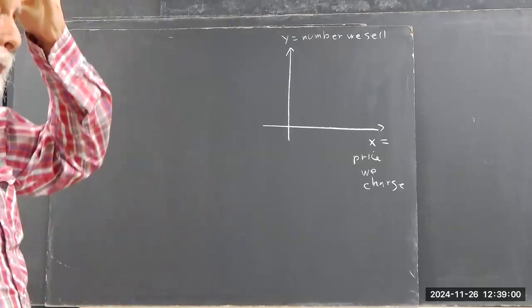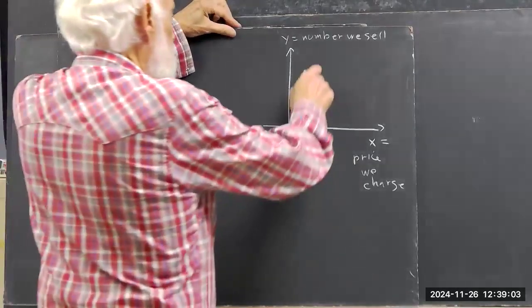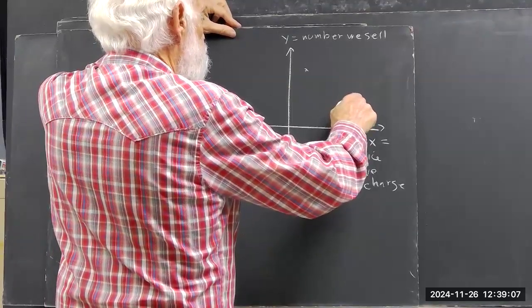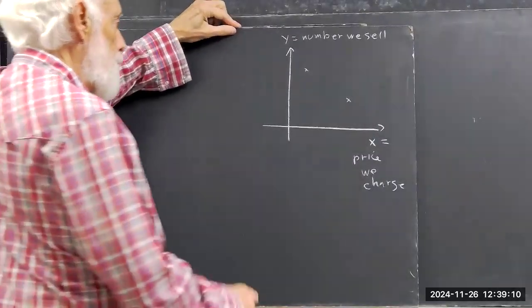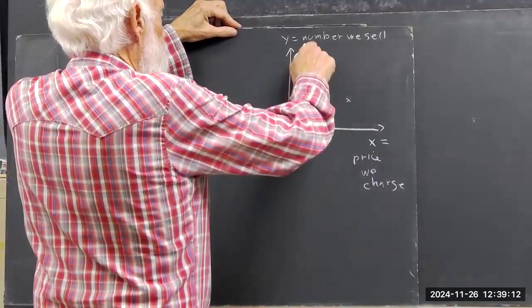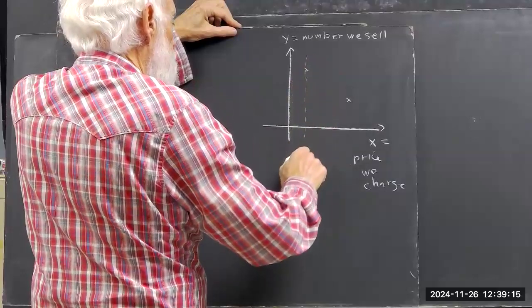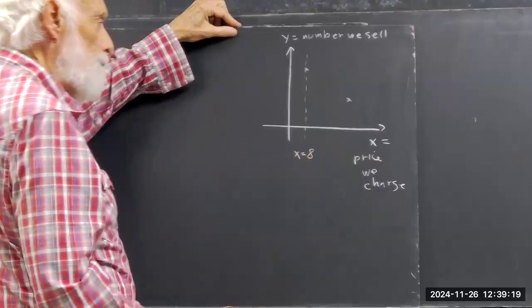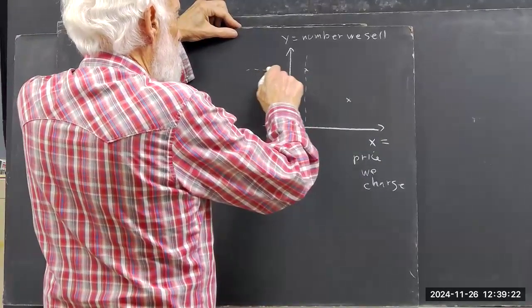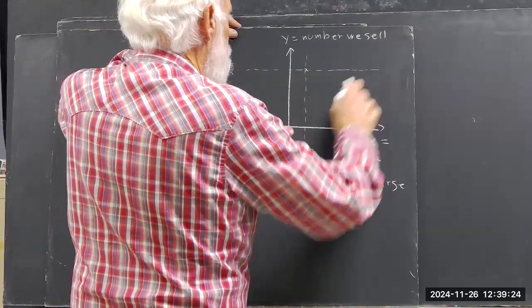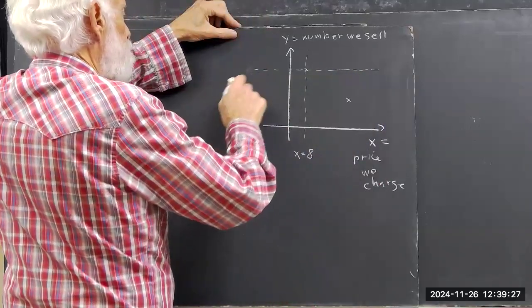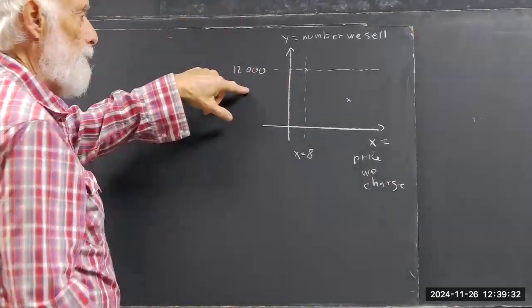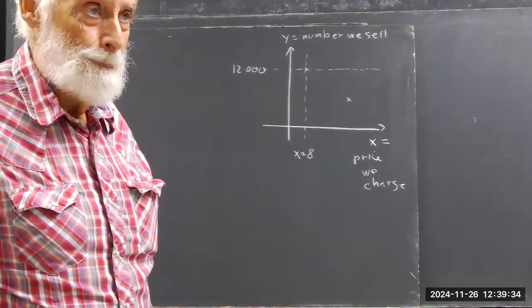Now, from our experience, we know that if we sell for $8, we're going to sell 12,000 of those things.